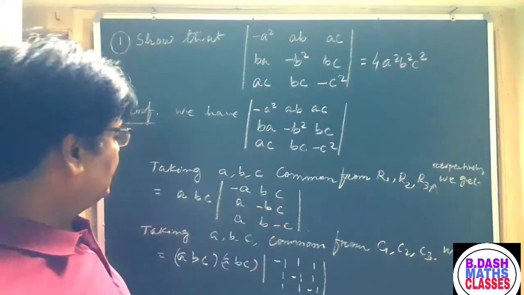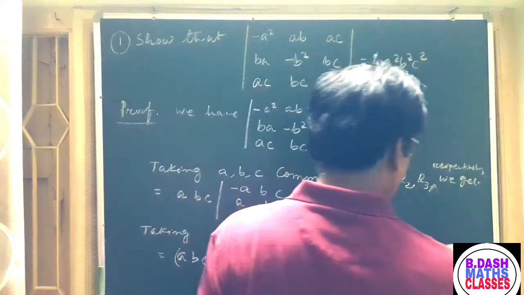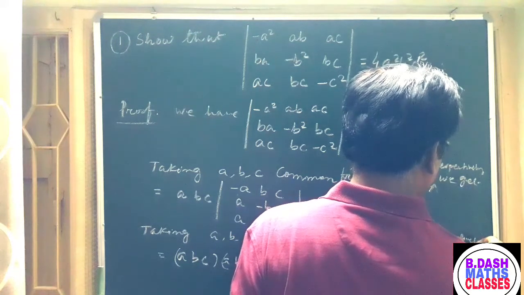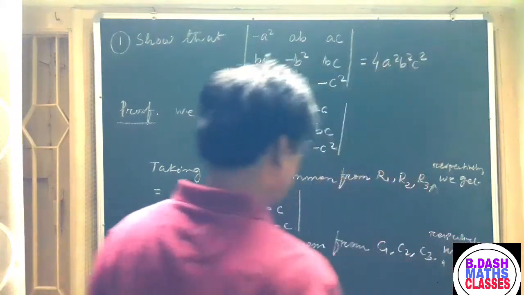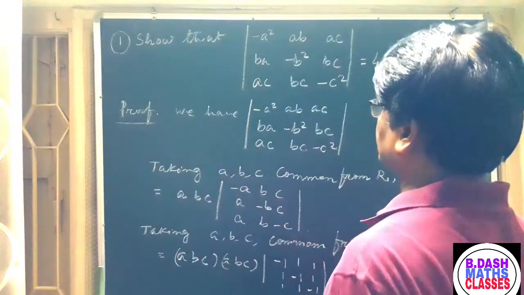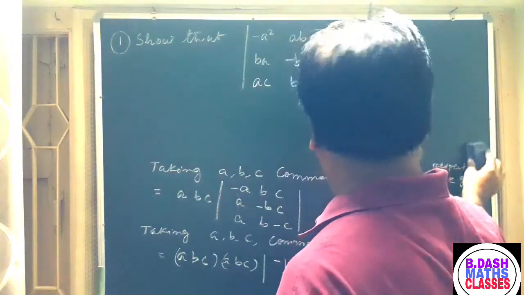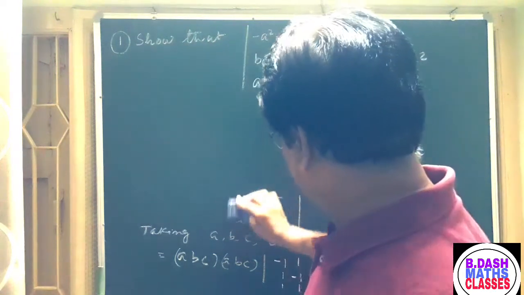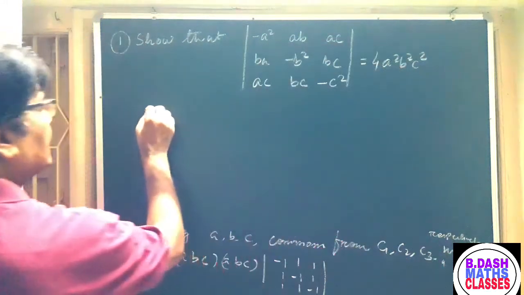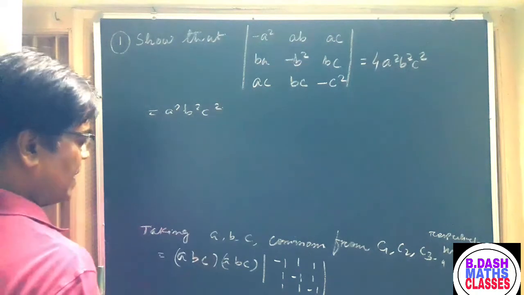This determinant we get taking a, b, c common from column 1, column 2, column 3 respectively. We get this determinant. Now this is equal to a square b square c square.